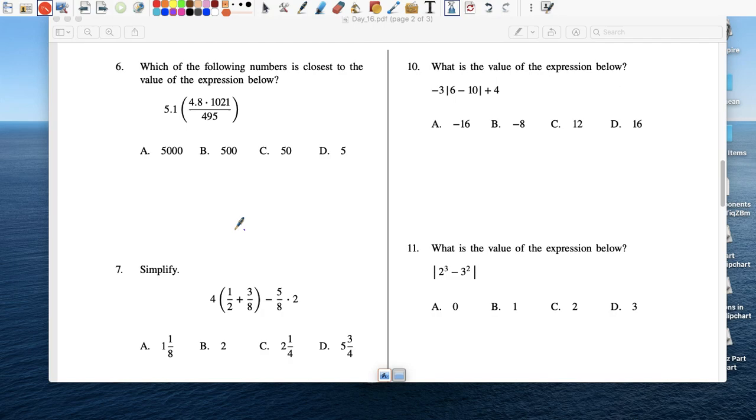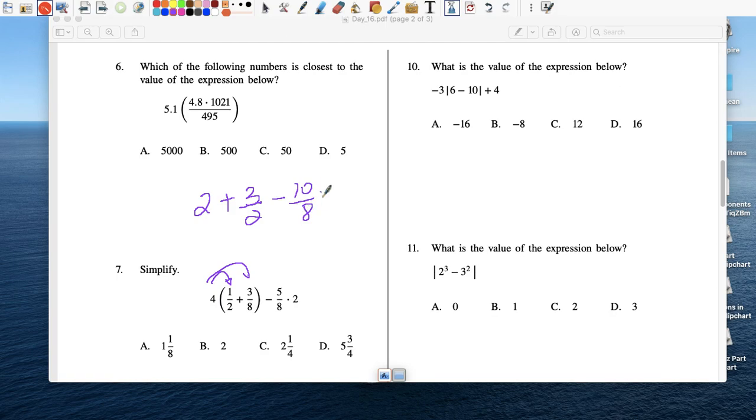Simplify. You can do the distributive property first, which is what I'll do. 4 times a half would be 2, plus 4 times 3 over 8 will be 3 over 2, minus 5 over 8 times 2 is 10 over 8.